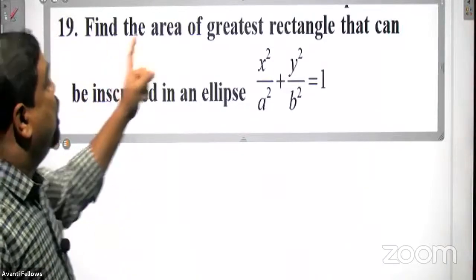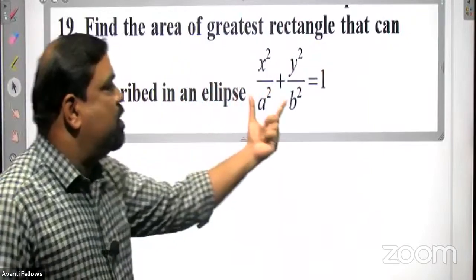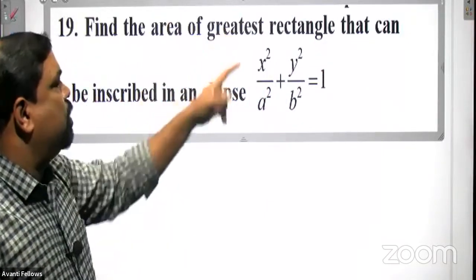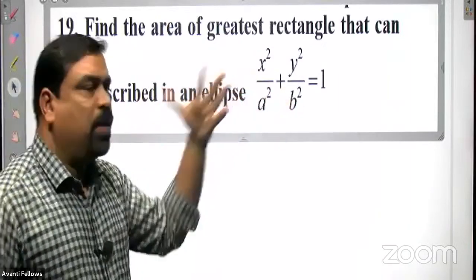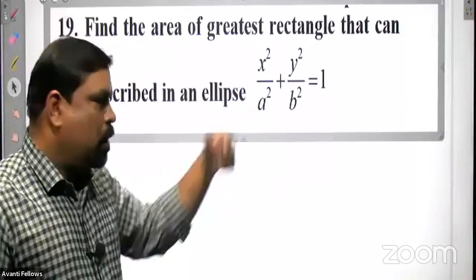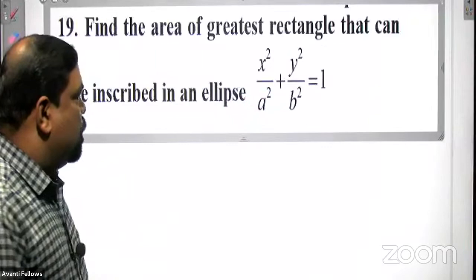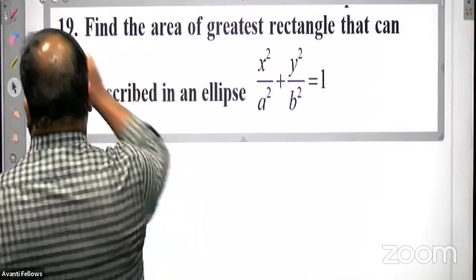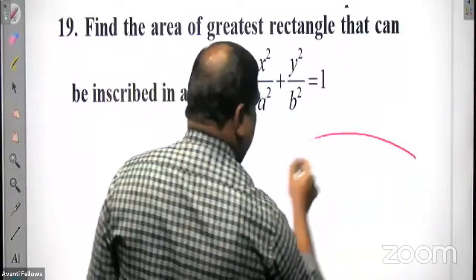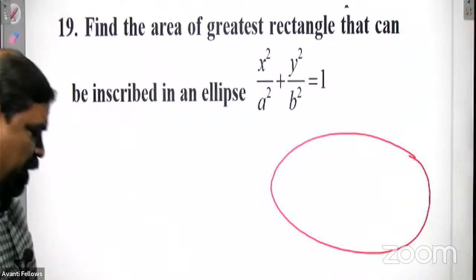So the question is, find the area of the greatest rectangle that can be inscribed in this ellipse. This is a very standard ellipse, you know. This is the equation of the ellipse. This is our ellipse.